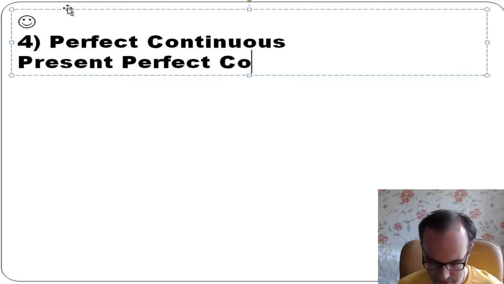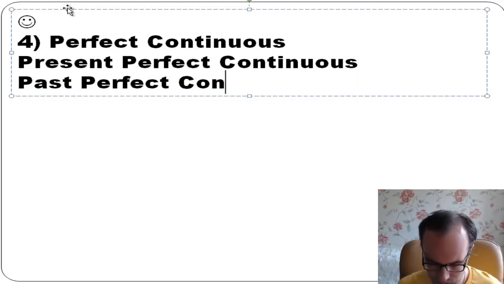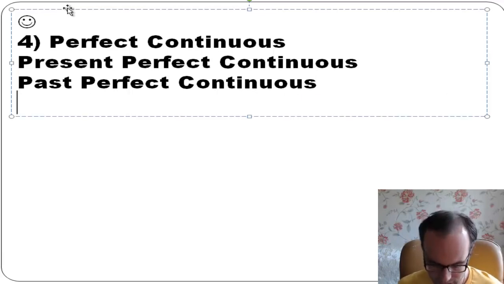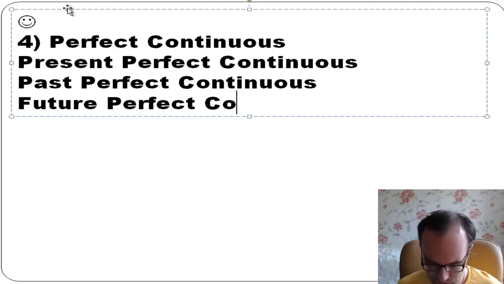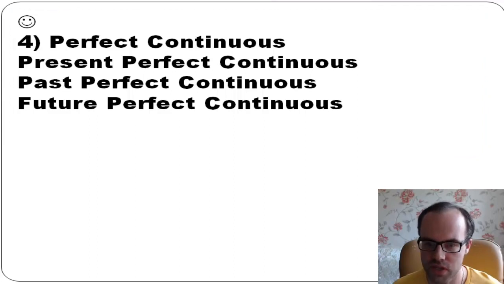Okay, so present perfect continuous, past perfect continuous, and future perfect continuous. We often use present perfect continuous in speaking.